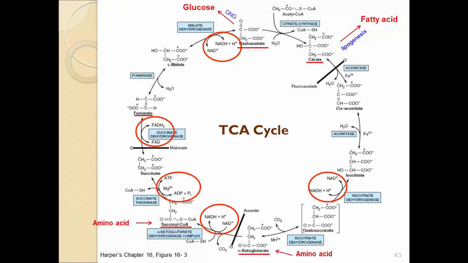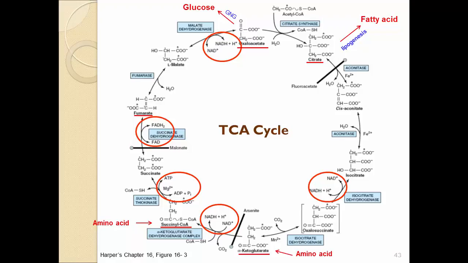And the second function of the TCA cycle is to be involved in gluconeogenesis, right? Because, remember, we haven't talked about it yet. Gluconeogenesis basically converts non-sugar precursors, including amino acids, glycerol, and lactate, to glucose.